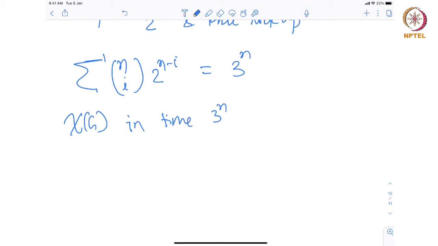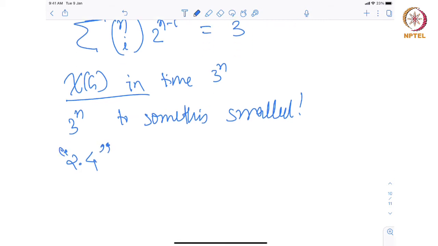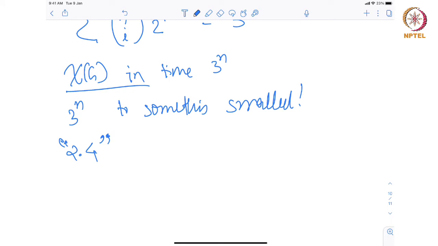So there was lots of work happening in this area to get 3 to the power n to something smaller. With a lot of effort, it was stuck at roughly, I would say, 2.4. This is not accurate, but it was roughly stuck there, and then there was a very beautiful algorithm which we are going to see now.